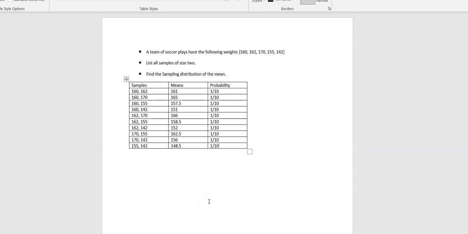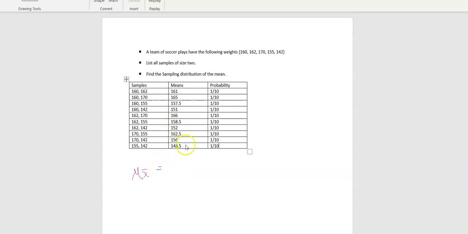All right, now, something that we want to note here. If we went ahead and averaged all of these means together, so if we took the mean of the mean, which is our new symbol for the sampling distribution of the mean, so we're taking the mean of all of these means, so we're averaging them all up.